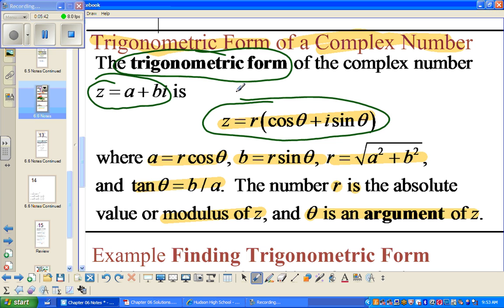That's trigonometric form, where you take r times the quantity cosine theta plus i sine theta, where if you were to multiply r times cosine theta, you would get a, and if you were to multiply r times i sine theta, you would get b.